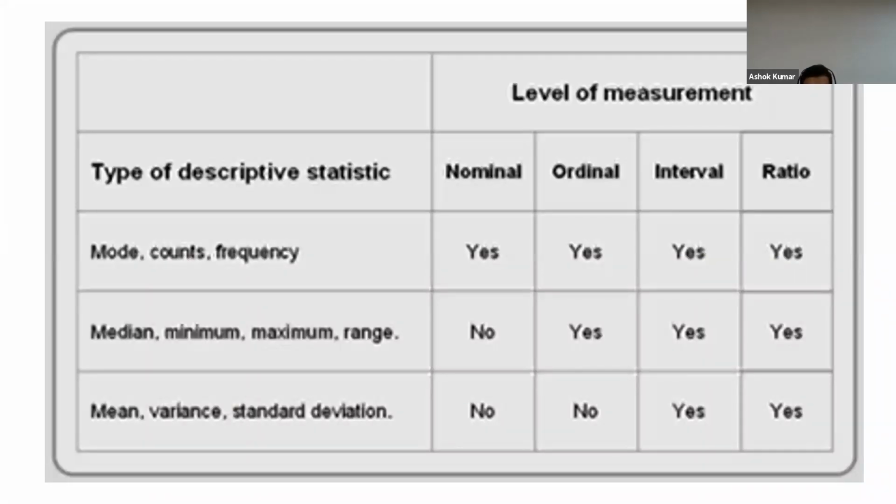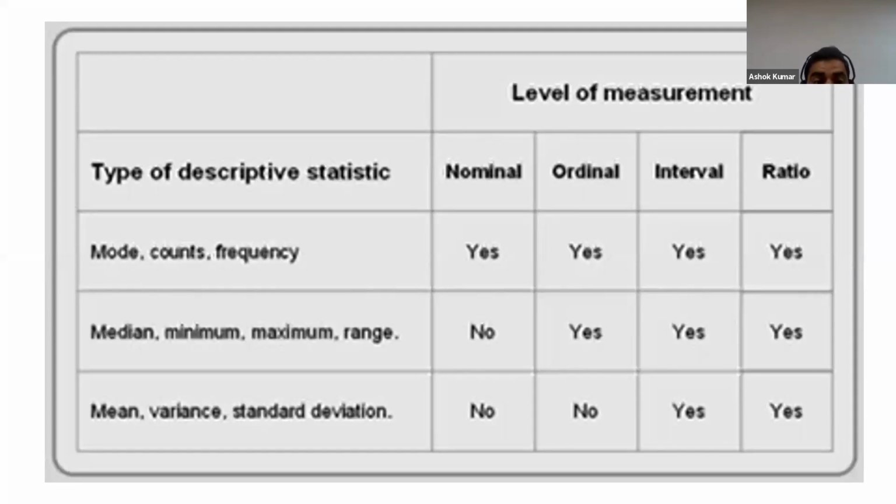Yesterday I put an example in the WhatsApp group, and I asked about the type of descriptive statistics. There was a beautiful conversation between participants and us. When we talk about state, it is a nominal variable. We cannot order the state. If we order the state, we would see that this state is higher than this, and this state is higher than this.